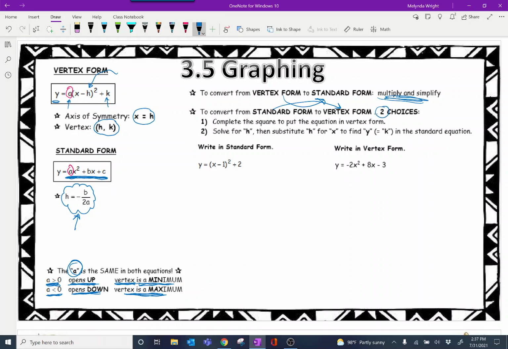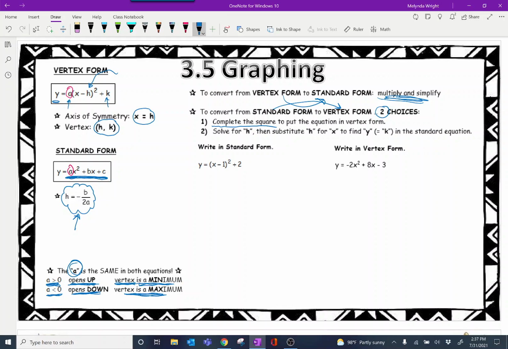If we want to convert from standard form to vertex form, we really have two choices. One choice would be to utilize that procedure we learned a little bit ago about completing the square. We could complete the square to put the equation in vertex form. That's one option for you. Maybe you don't want to go through completing the square.